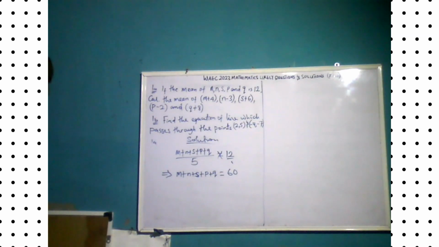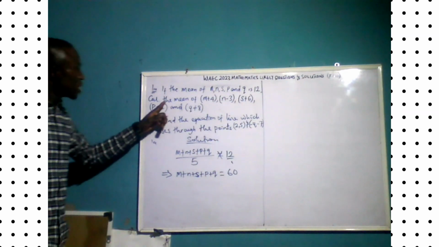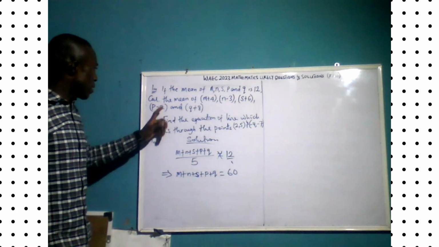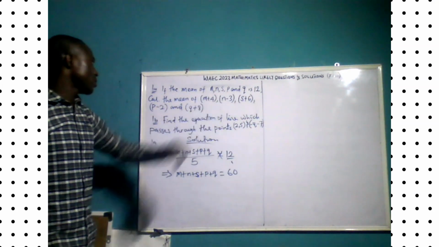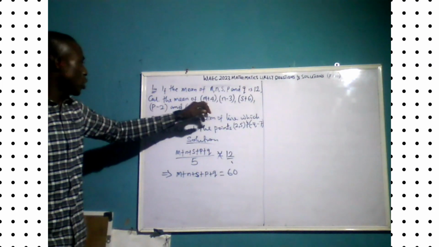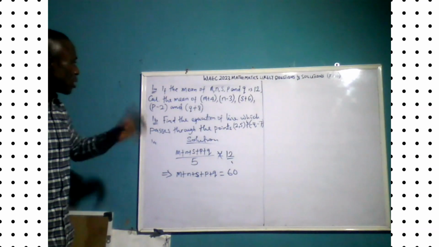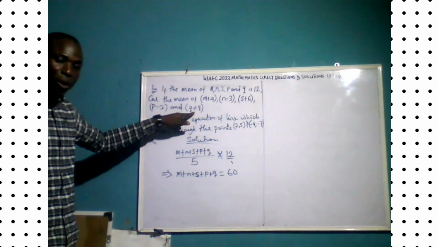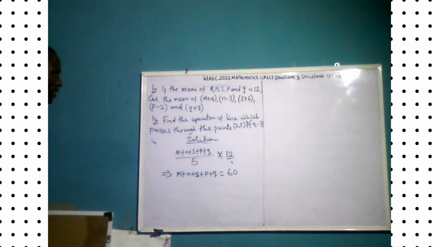So we have this. Now looking at the expression we are asked to calculate, the mean of this, the points are still the same, only that each point has been altered. Point 1 has been altered, point 2, up to the 5th point has been altered. So let's bring them down.